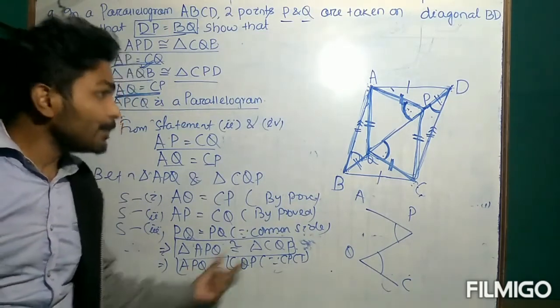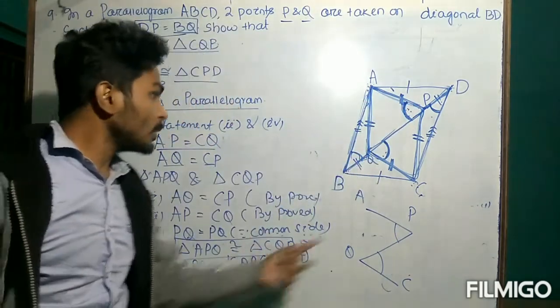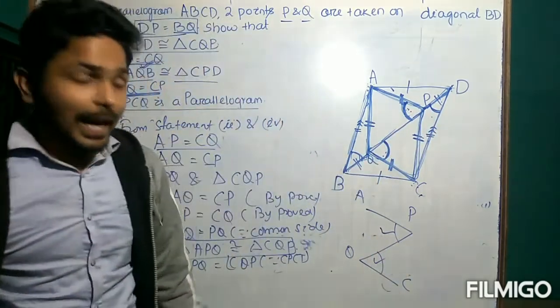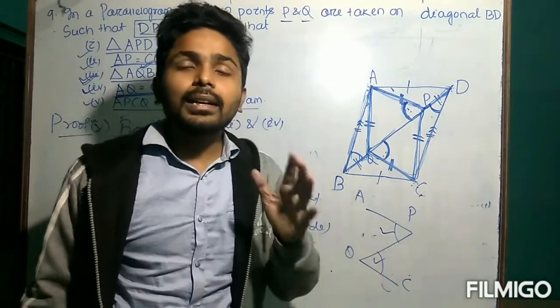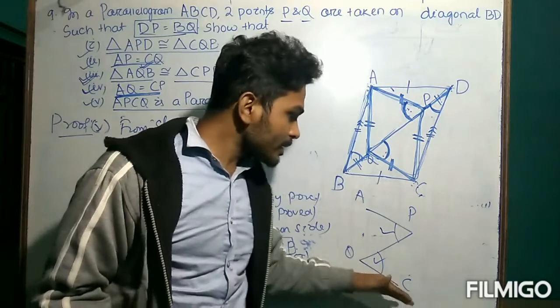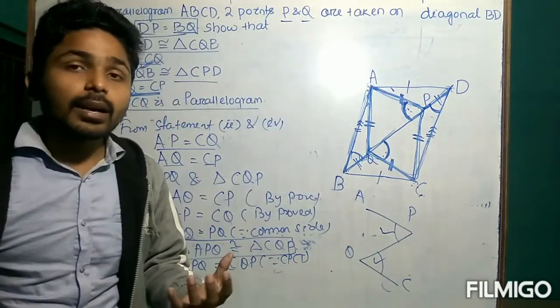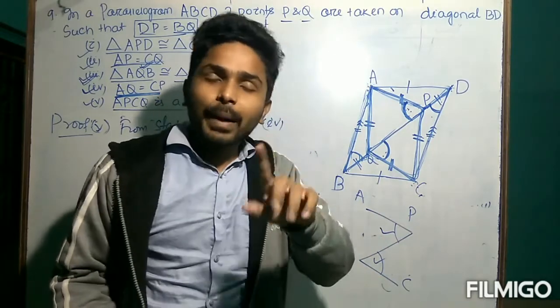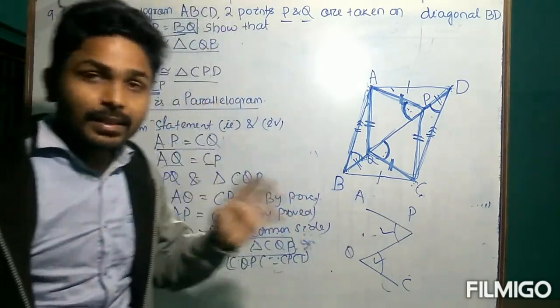Yes or no? APQ is equal to CQP. So we have proved that these two angles are equal, and we know these two angles are alternate interior angles. Okay, if there are two lines and a transversal line, and the alternate interior angles are equal, then these two lines are parallel. We already studied about it.